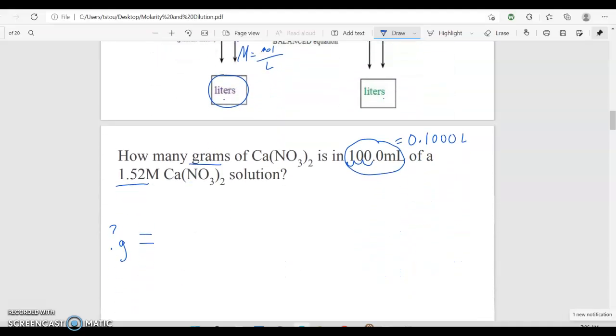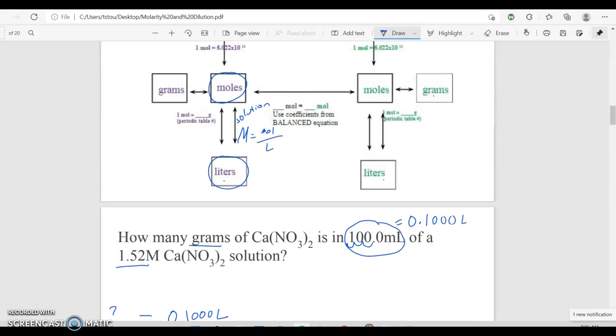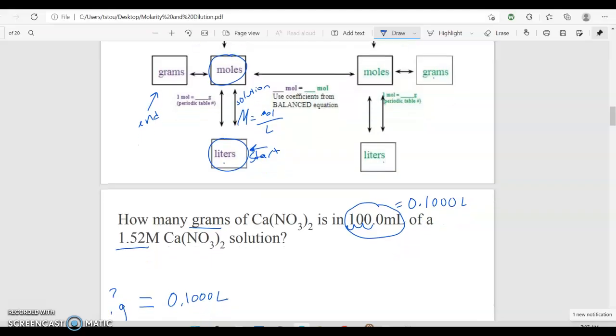So I'm going to put on the other side there my 0.1 liters. That way, when I look at where I am, I'm starting here, and I'm going to end at grams. I'm going to end right here. So I'm going to go up and then over to get myself to grams.